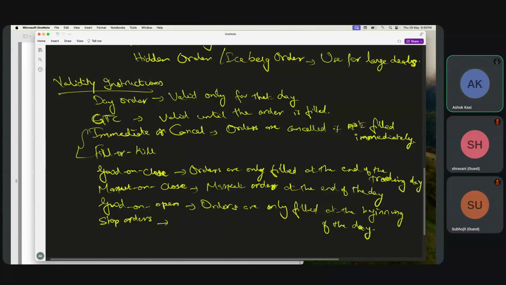Then stop order. This is stop loss and stop buy. Stop buy is for short selling, and stop loss is to stop the loss after buying.